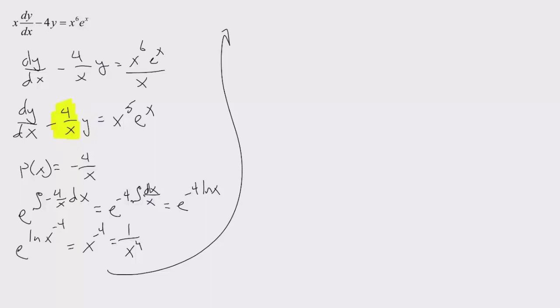So we have 1 over x to the 4th times dy dx minus 1 over x to the 4th times 4 over x times y equals 1 over x to the 4th times x to the 5th e to the x. Sorry, my x to the 4th is not as clear as I want it to be. We're going back to when we had it in standard form, not up to the original problem at this point.